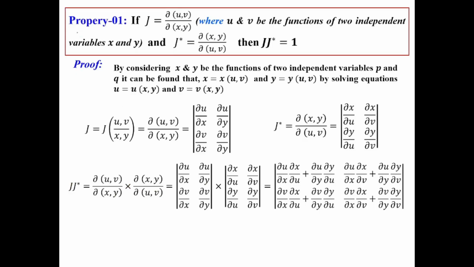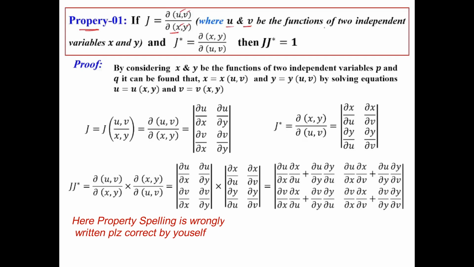Now we are going to go for the first property and its corresponding proof. Here, if J equals del(u,v) by del(x,y), that means Jacobian of u, v with respect to x, y, where u, v be the functions of two independent variables x and y, what I explained already is written in the definition also.